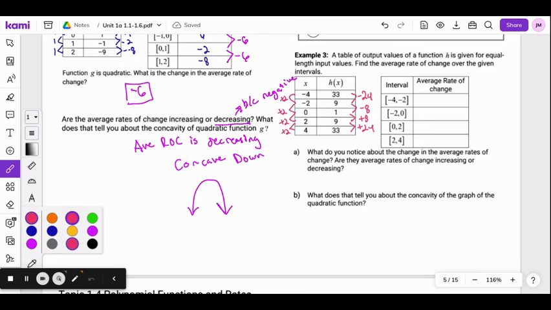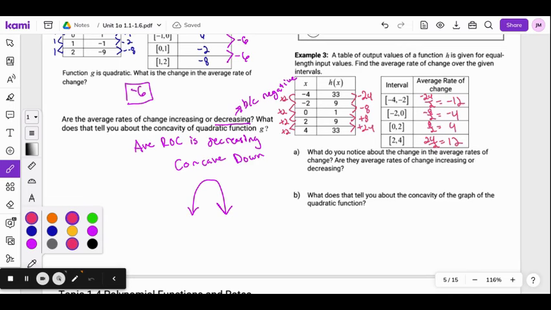So my average rate of change is going to be negative 24 over 2, which is negative 12. We're going to have negative 8 over 2, which is negative 4. We're going to have 8 over 2, which is 4. And then we're going to have 24 over 2, which is 12. So this is the average rate of change.